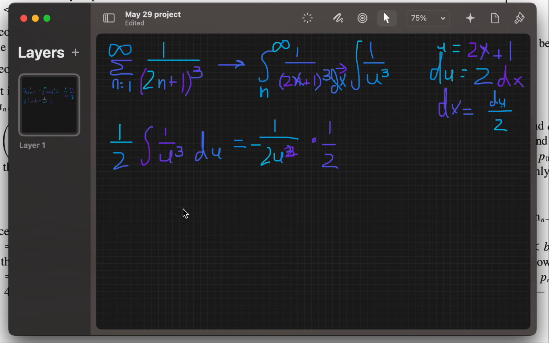So all in all, our u is 2x plus 1, don't forget that.